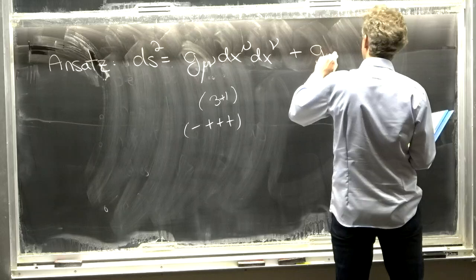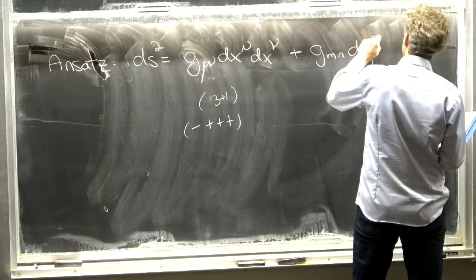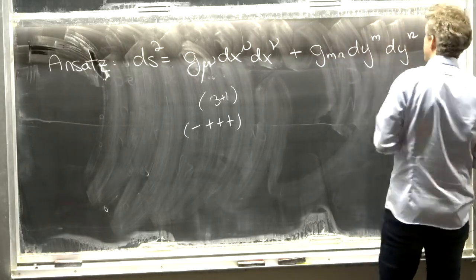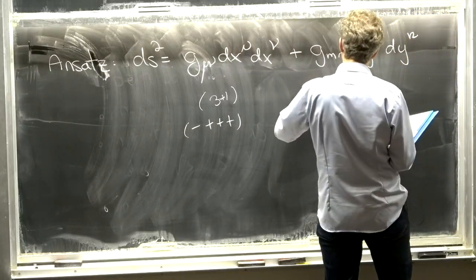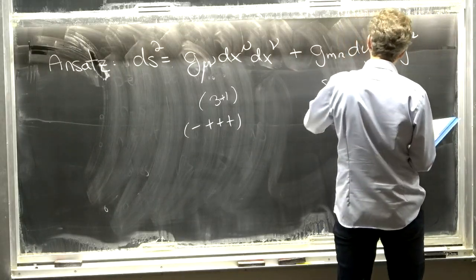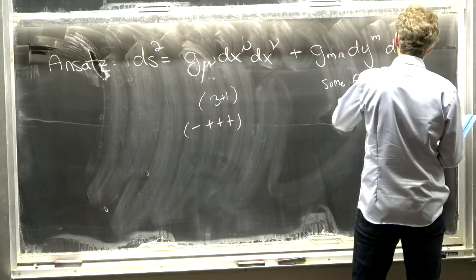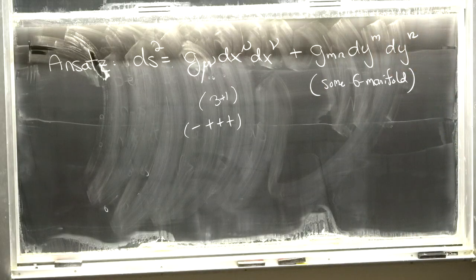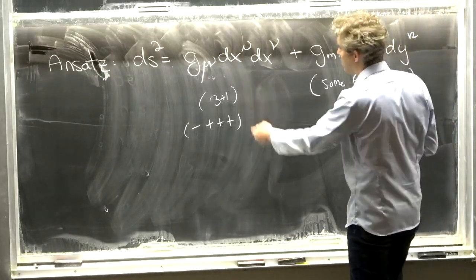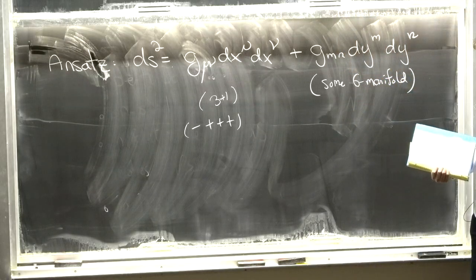And the internal metric is a metric on some 6 manifold. In the long run, it won't really be a manifold. It can have some singularities, but it's going to be some 6-dimensional space, Riemannian. And so y's are the coordinates on the internal space, and x's are the coordinates on the external space.